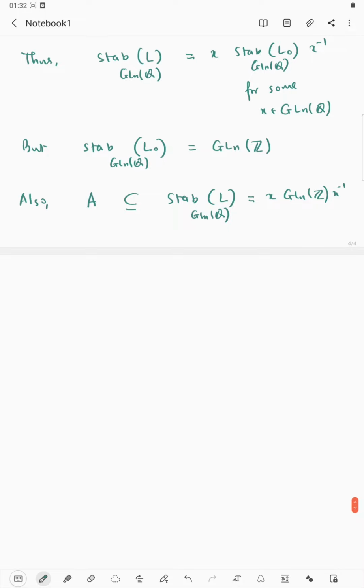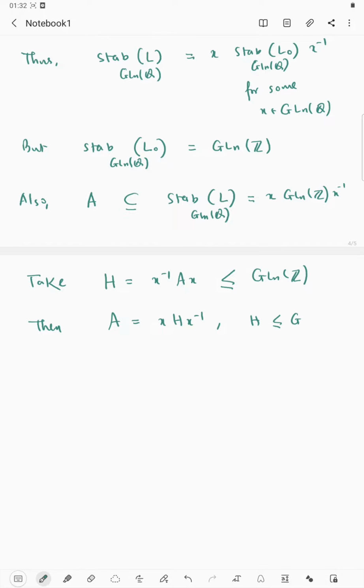Now take H equal to x inverse A x. So it is contained in GL_n(Z). Then our A is equal to x H x inverse, where H is a subgroup of GL_n(Z).